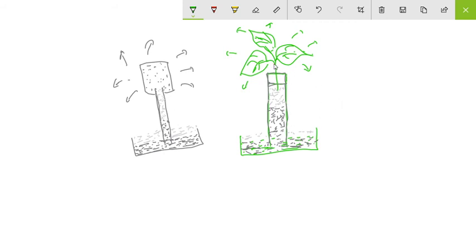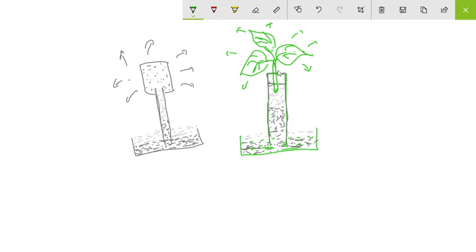When this twig is placed in a glass cylinder, water is absorbed through the cut end, and there is a loss of water, and due to that the column rises, which means the mercury is also uplifted here.